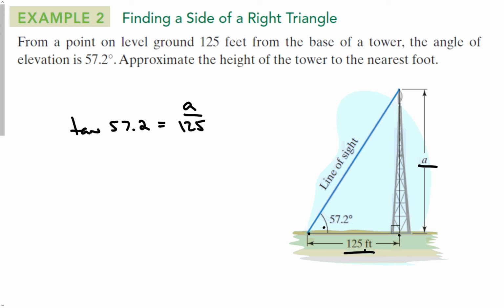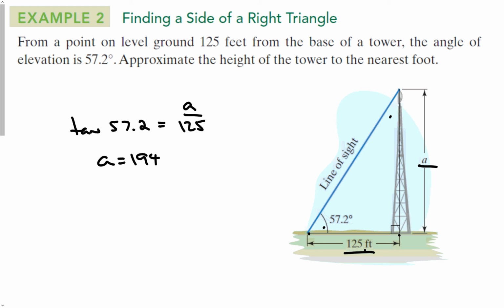And I expect, if this is 57 and this is 90, that means this angle was a little bit smaller, so this angle is bigger. I expect A to be a little bit bigger than 125. Let's try it. Multiply both sides by 125, and we get that A is about 194.